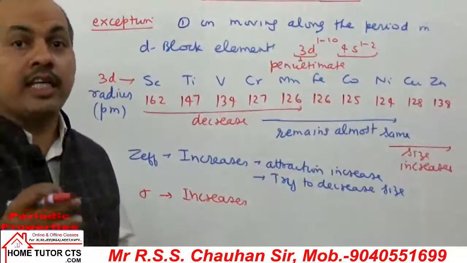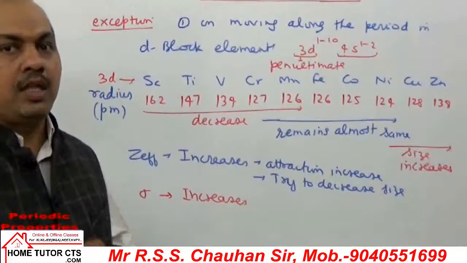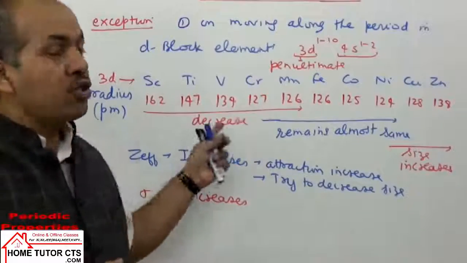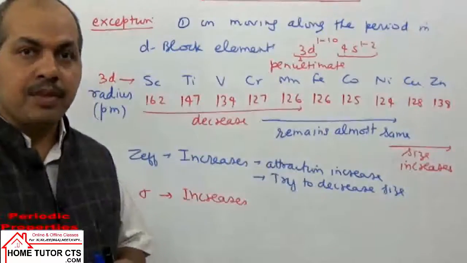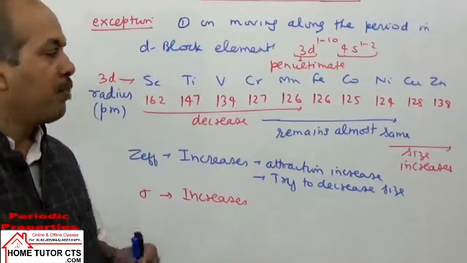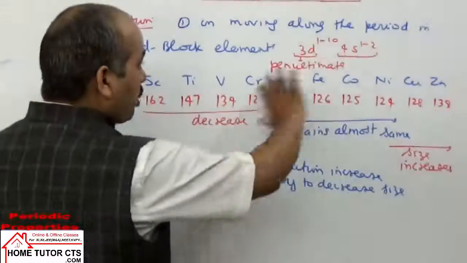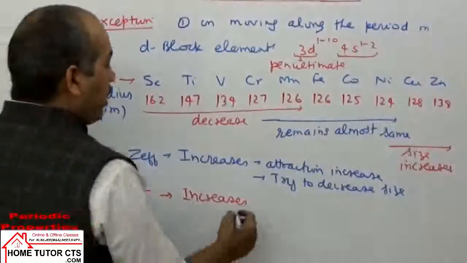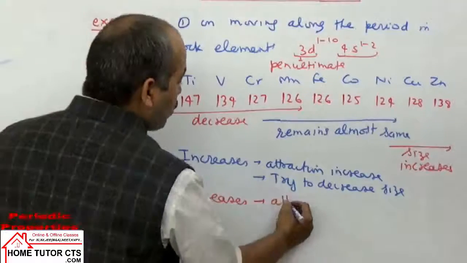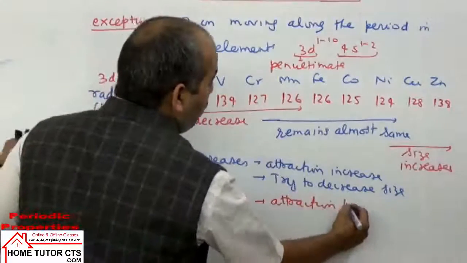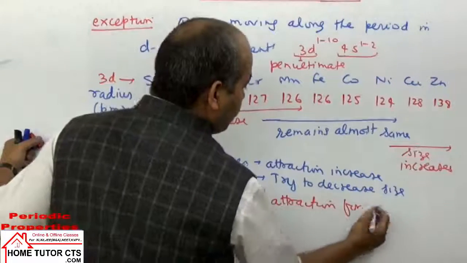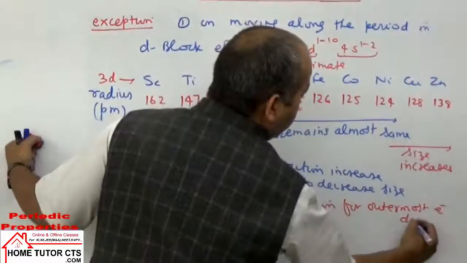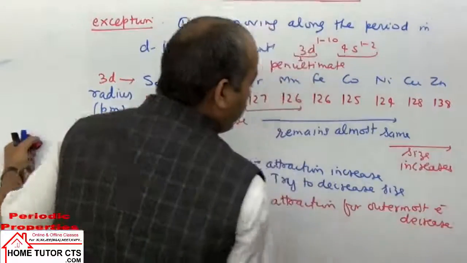So when we fill the electron in the inner core, then for the outermost shell electron attraction decreases. If for the outermost shell electron attraction decreases, then size of element tries to increase. Now what happens? Anyway, when we move along the period with increasing electron in 3d orbitals, sigma increases, and when sigma increases, then the attraction for outermost shell electron decreases.